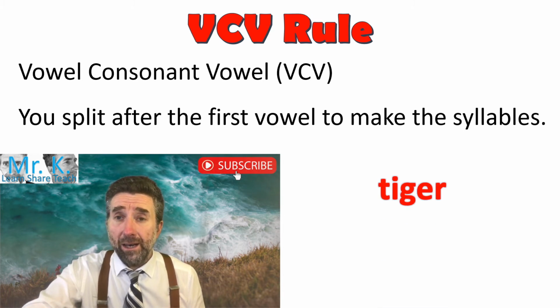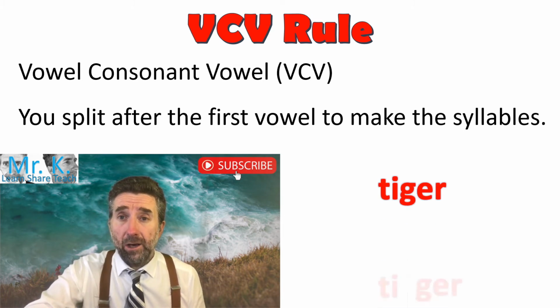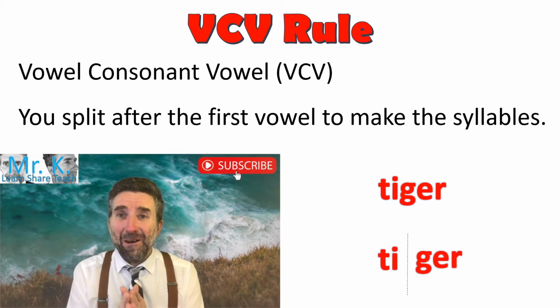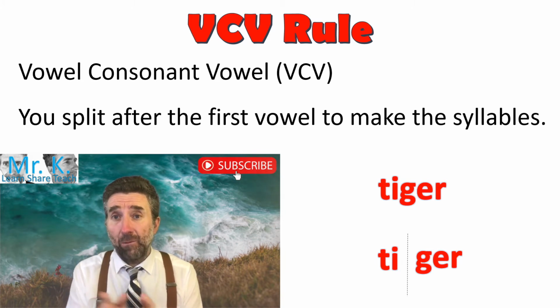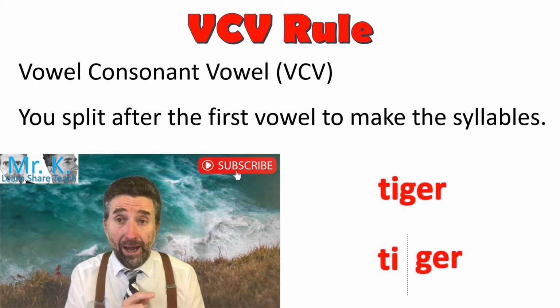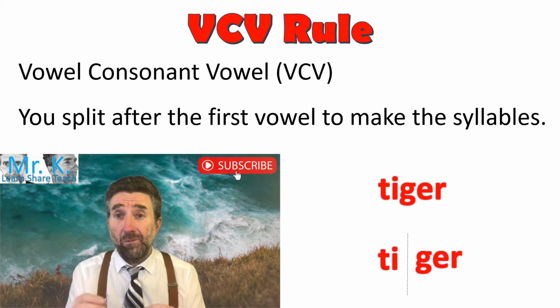You would divide it after the I. So it'll be ti-ger. You can see here that we've divided it after the first vowel, which is the I. And interestingly, you've got an open syllable there, which means that the I should make its name or its long vowel sound, which is I, ti-ger, which it does make that sound.